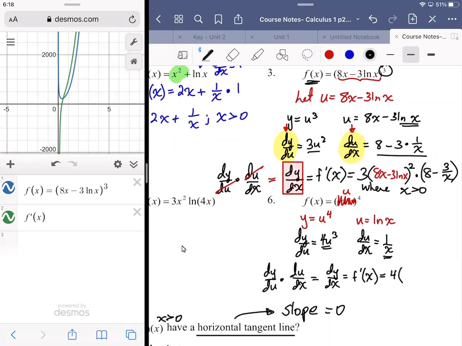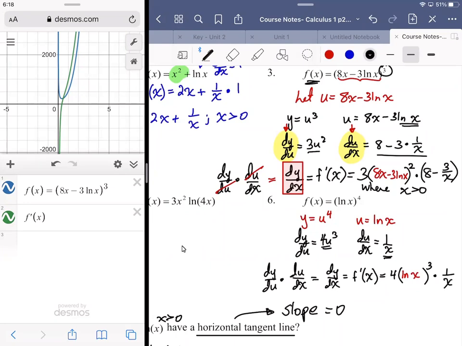For instead of the u, well, we know what u really is. U is really ln of x. So 4u cubed becomes 4 ln of x cubed multiplied by 1 over x. And that would be our derivative.